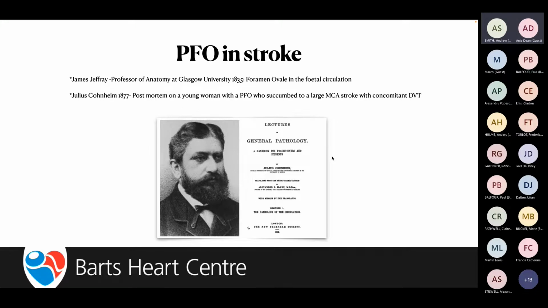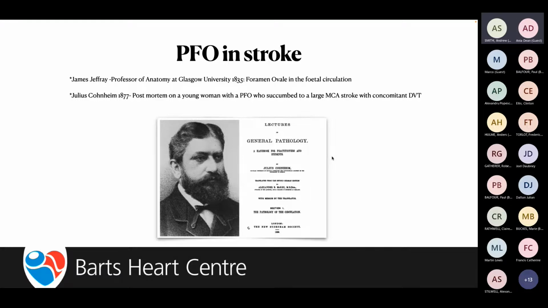PFO's importance in stroke has been known for quite a long time now. Back in 1835, Professor James Jeffrey in Glasgow first described the fetal circulation and realized the importance of the foramen ovale. And then about 40 years later, Julius Cohnheim, who's this chap in the picture, did a post-mortem on a young woman who succumbed to a large MCA stroke and had a concomitant DVT.